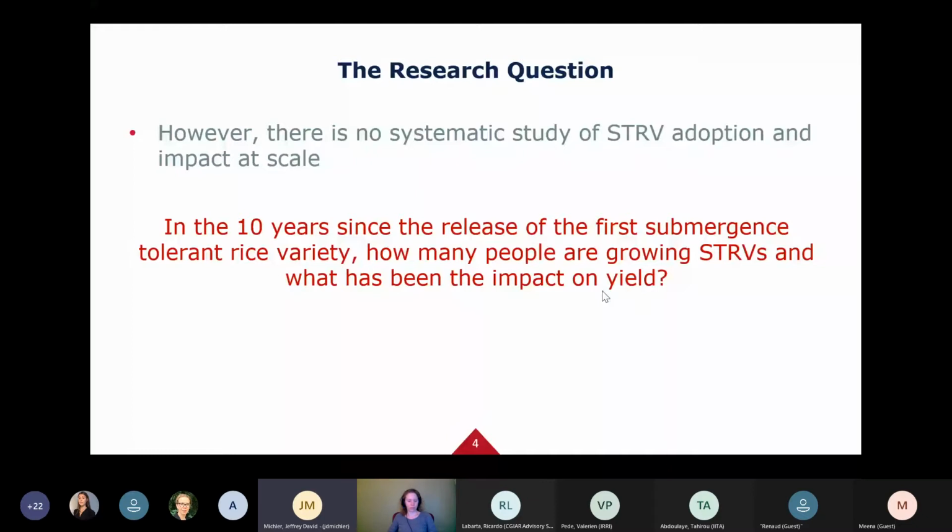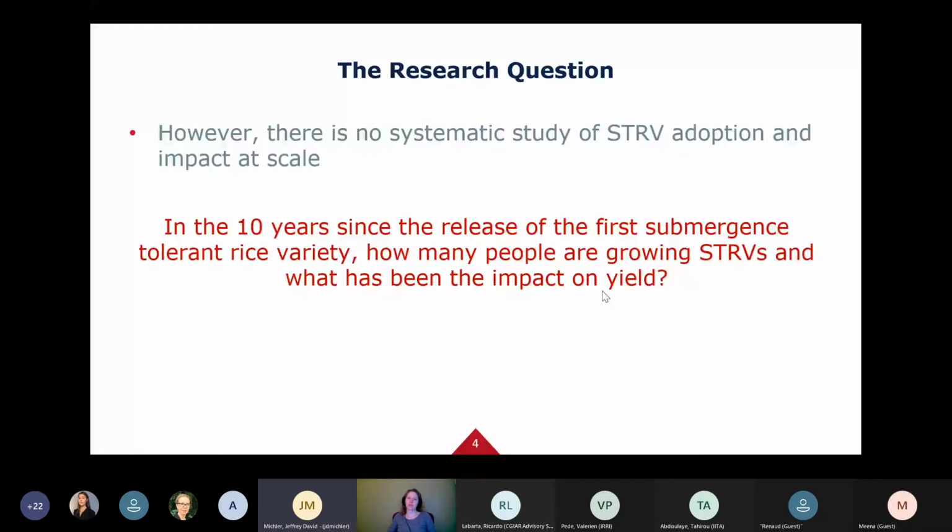Kyle's study was over 2 seasons, but how do we look at the impact of adoption over 10 seasons? How do we look at the impact of adoption over hundreds of thousands or tens of thousands of households? So there's been no systematic study of these long-term, large-scale effects.